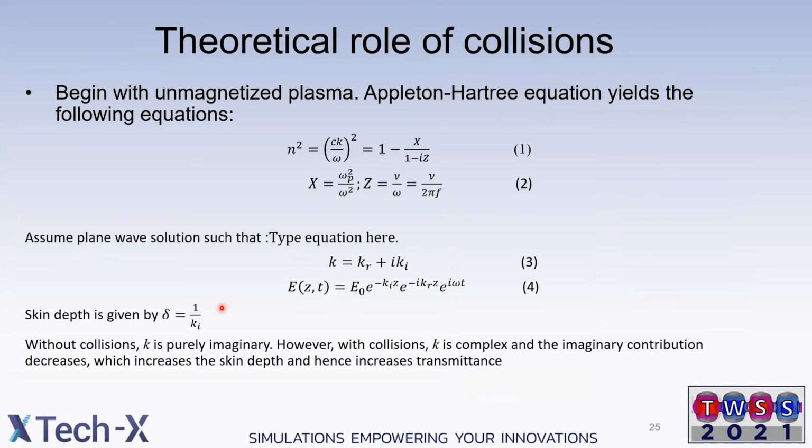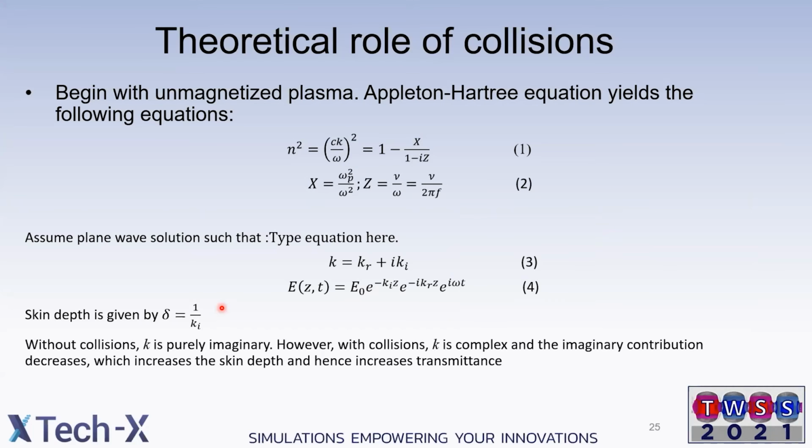Okay, so now, why would collisions help? So the way I think about it is the following. This is the way I think about the whole problem actually, just qualitatively. Why doesn't a signal that's below the plasma frequency get through? Well, the electrons can move fast enough to basically shield out any signal. That's just my big picture, 3,000-foot overview of why this problem even exists.